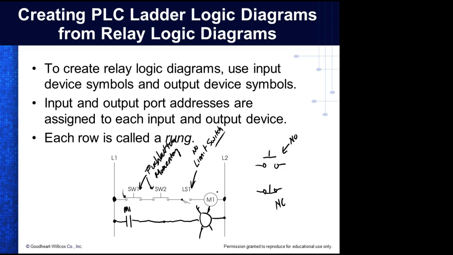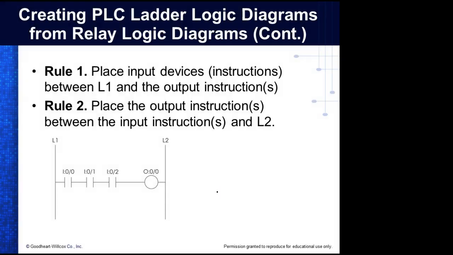So what we're going to do is we're going to connect switches to the PLC. We know that each one of these is called what? Are we okay? And in the PLC, we would take this same circuit and we would represent it by instruction.